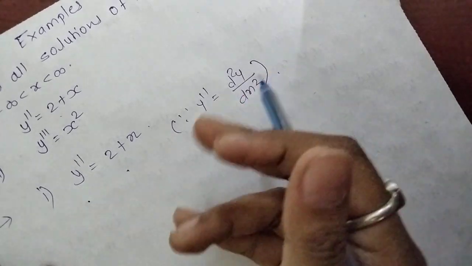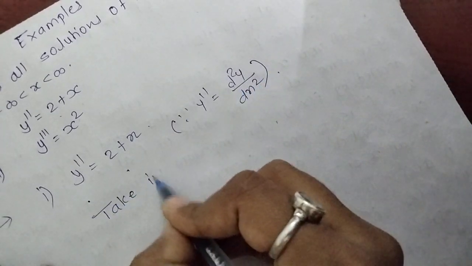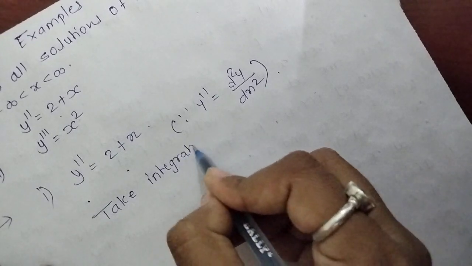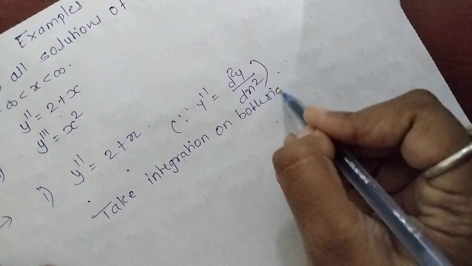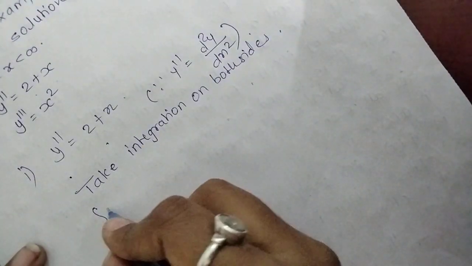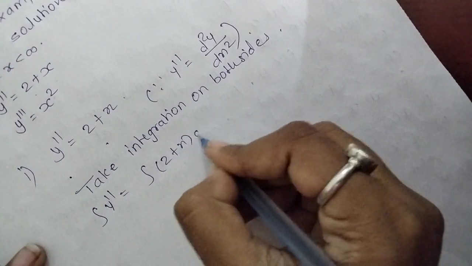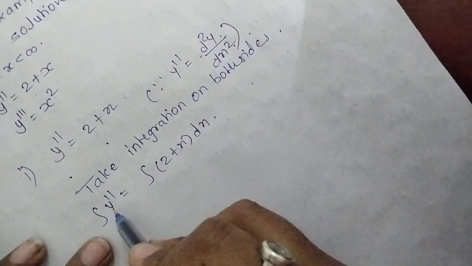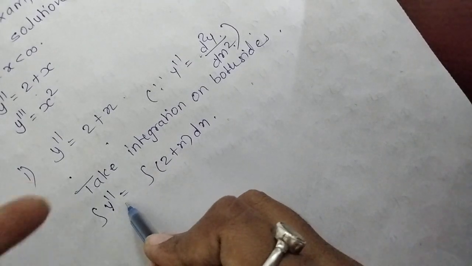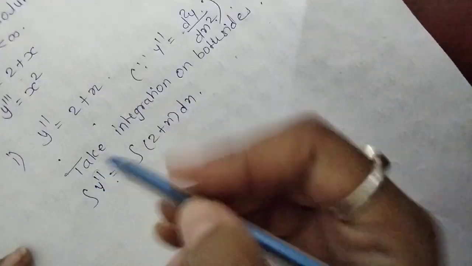So take integration on both sides. We get integration of y double dash is equal to integration of 2 plus x into dx. Y double dash means d square y upon dx square. That's why here we cannot write dy, because this term contains dy already.